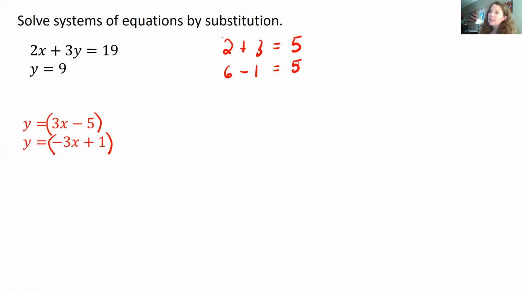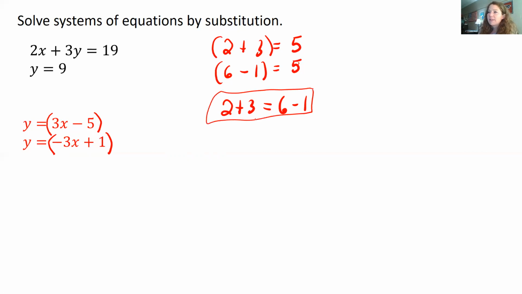Well, since both of these expressions equal 5, it would make sense that 2 plus 3 is equal to 6 minus 1, right? And that's true. We set them equal to each other because they both equal 5, but did you notice what happened? The 5 disappeared in this statement, but they're both equal to 5.